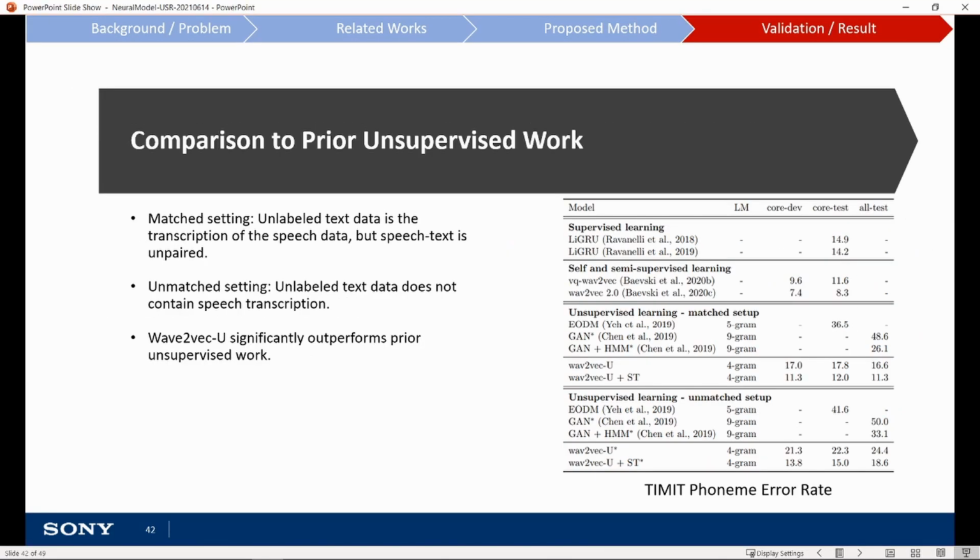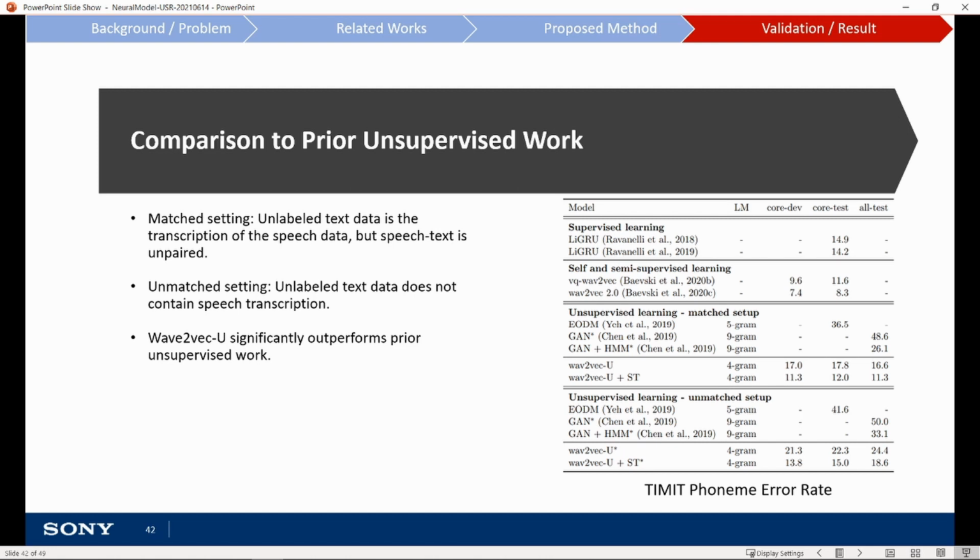Now this is a comparison with prior unsupervised work. They compare with unsupervised work in two settings: the matched setting and the unmatched setting. In the matched setting, unlabeled text data of the transcripts is available, but the speech and text data are unpaired. So the text has the transcriptions of the given speech dataset, but it is not paired with the corresponding speech.